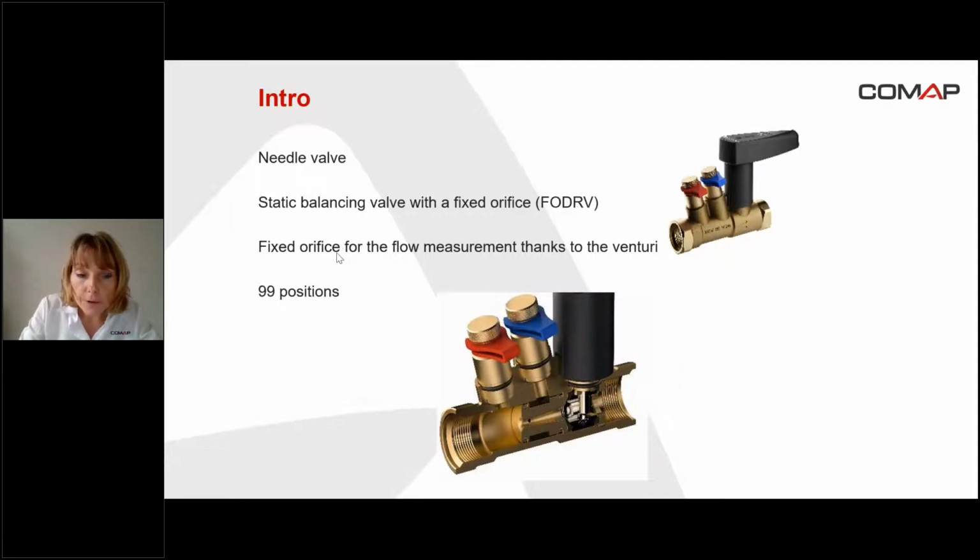The fixed orifice is for the flow measurement, and the fixed orifice is due to the venturi you can see here. So we are going to measure the flow through these two pressure ports, and the venturi gives a fixed orifice. The valve has 99 positions in order to adjust the flow.